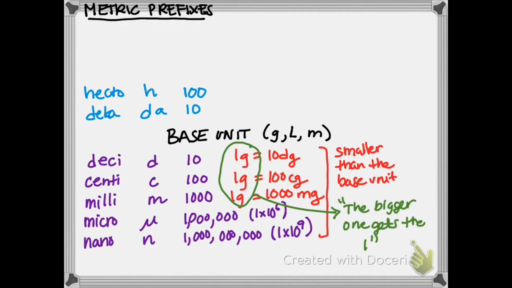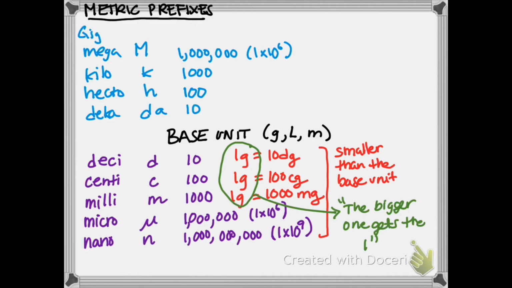Hecto, H, conversion 100. Kilo, K, conversion 1,000. Mega, capital M, conversion 1,000,000 or 1 times 10 to the 6th. And then finally giga, which is going to be prefix symbol capital G, and that is 1,000,000,000, 1 times 10 to the 9th.